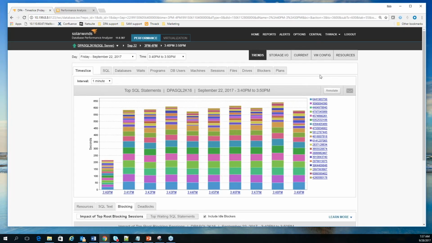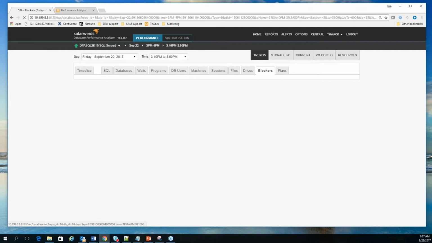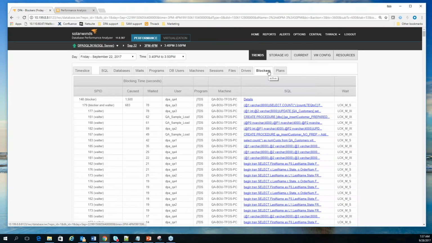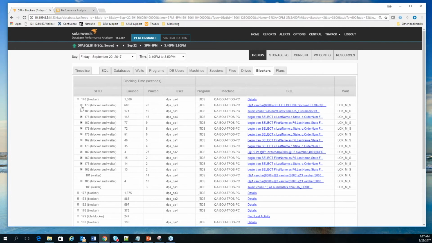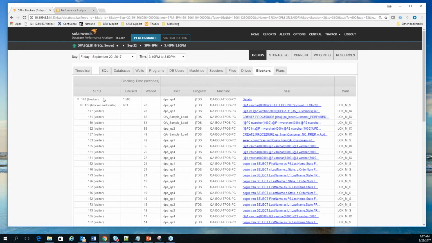If I want to see the tree of the blockers during this time period, I can select the blockers tab, and then I get this awesome hierarchical tree on, again, who was my culprit, who was my bad guy in this case, and who are my victims. So this guy was blocking a whole bunch of different SPIDs.